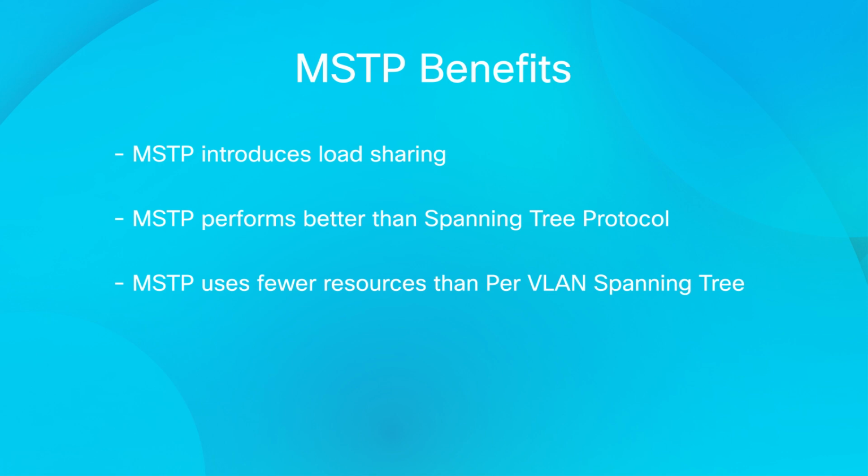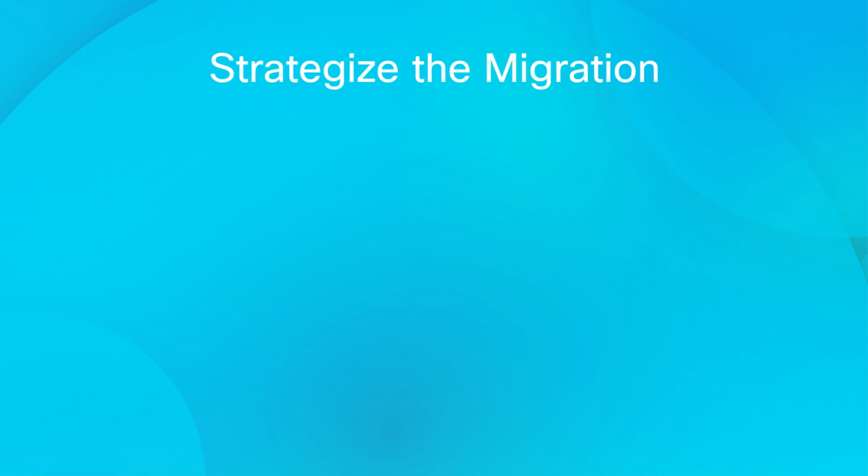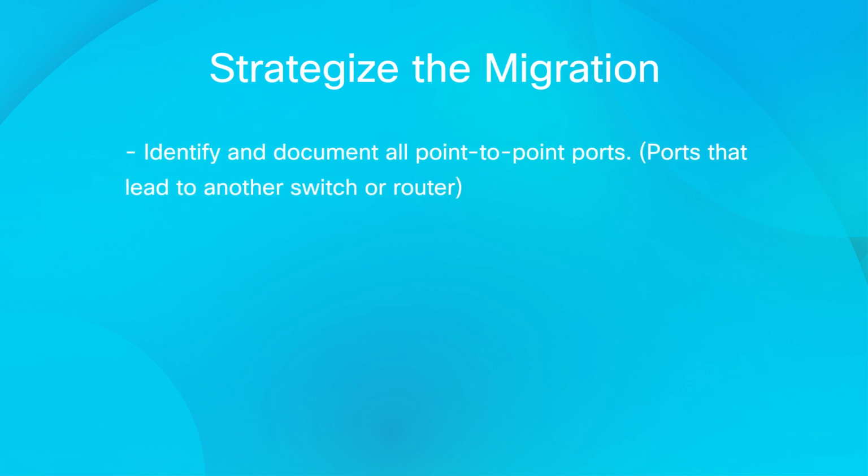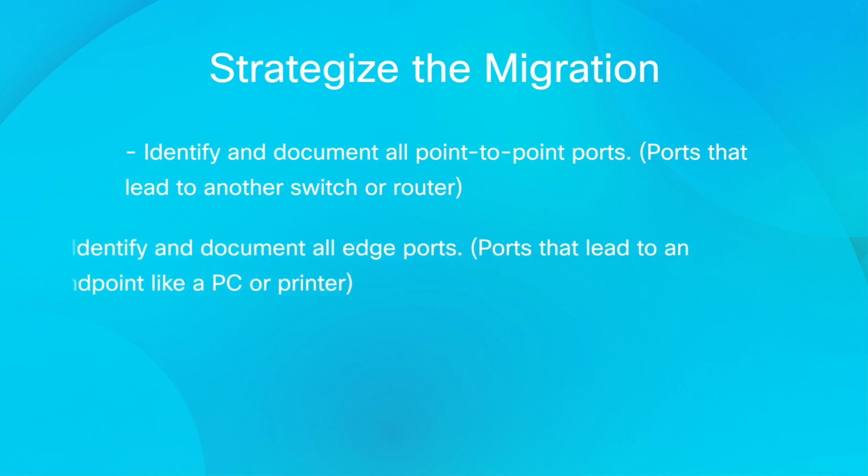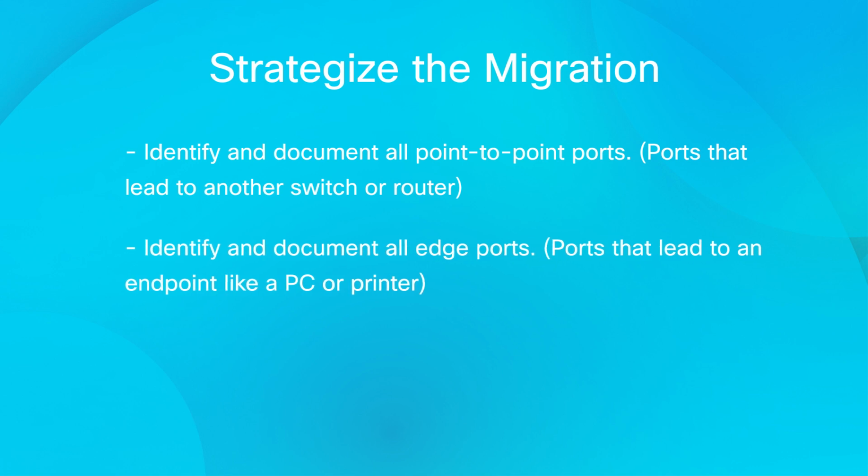Once you've decided that MSTP is right for your network, a smooth rollout can be achieved with a little bit of strategy. Start by identifying and documenting all point-to-point ports, or ports that lead to another switch or router. Identify and document all edge ports, or ports that lead to an endpoint, like a PC or printer.